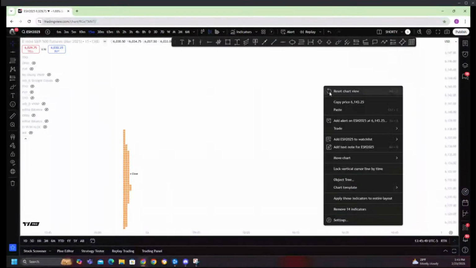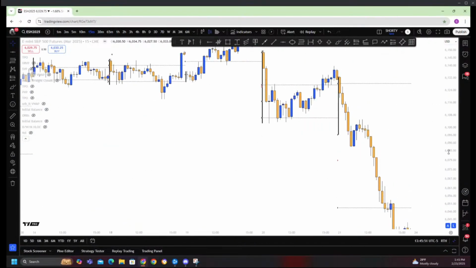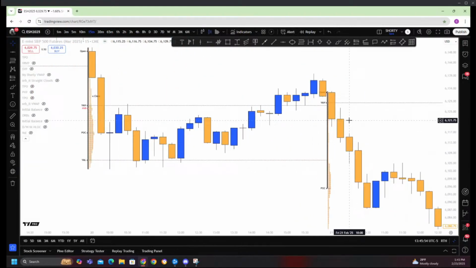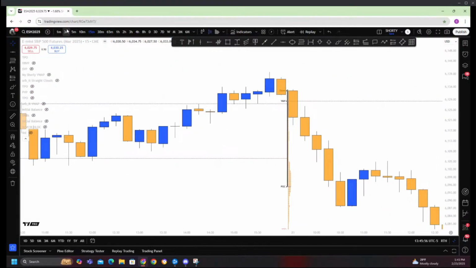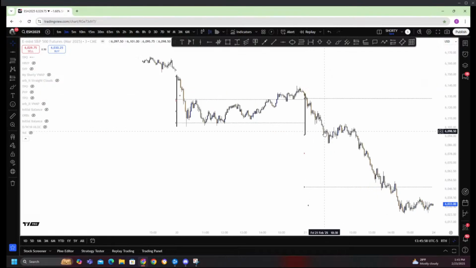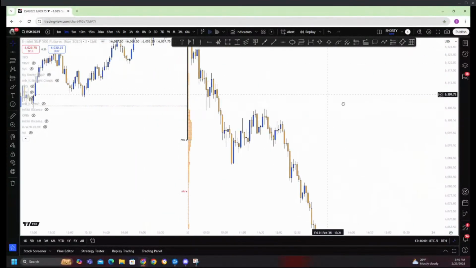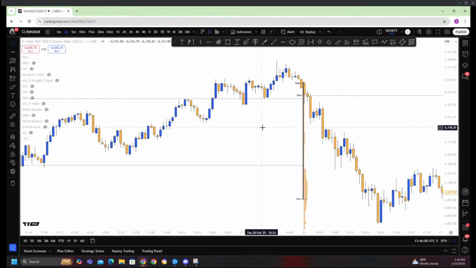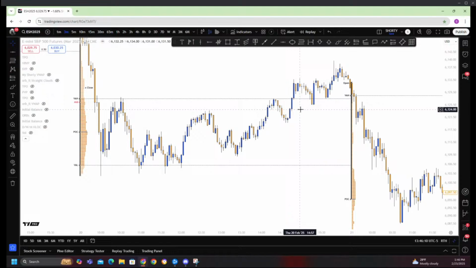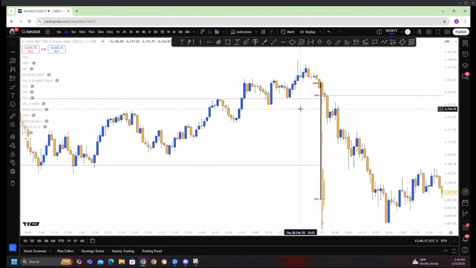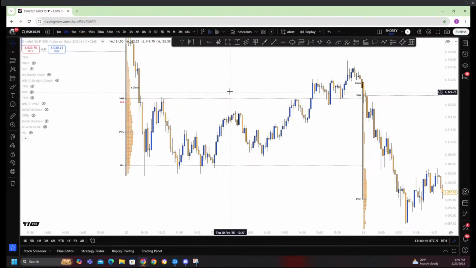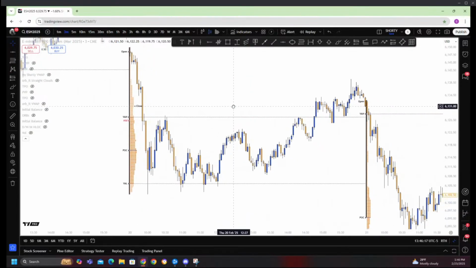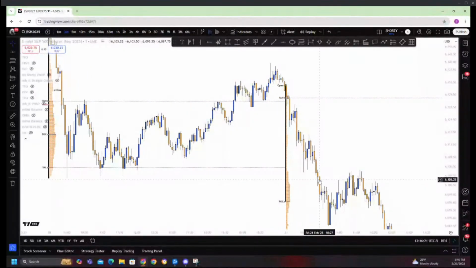So if it's an open rejection reverse, let's see. Let's look at Friday on a smaller time frame. Is this an open rejection reverse, or what is this? Well, it looks like it because the trend reversed. Well, you don't care about the left day, but is this an open rejection reverse?